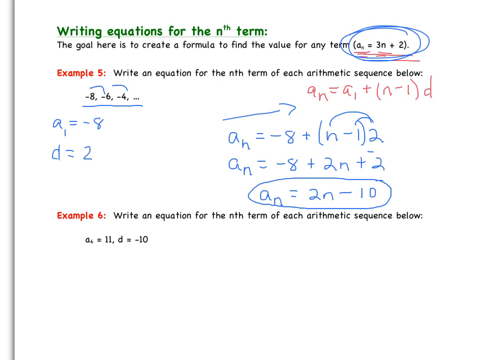Alright, let's do one more example, just because it's a little bit different. Again, we're writing the equation. They gave us a couple of pieces of information here. Similar to what I did up at the top, in terms of labeling what we know and what we don't know, the first thing I see is that they did not give us the value of the first term. So what that means is I am going to have to find it.